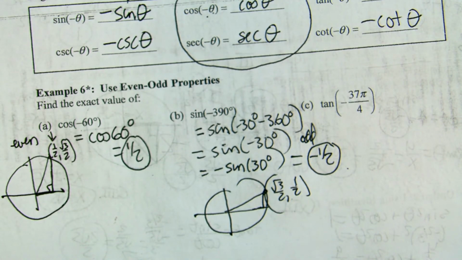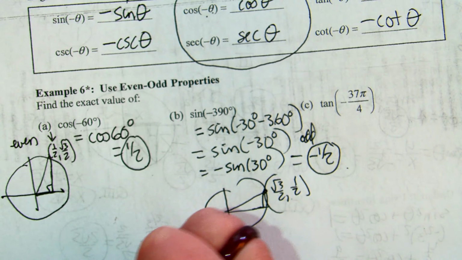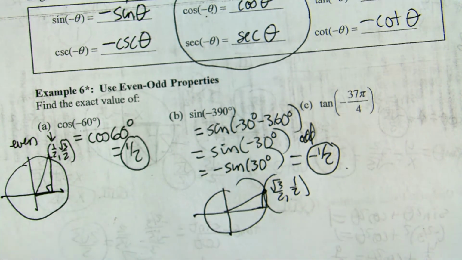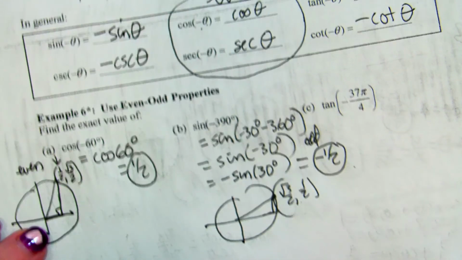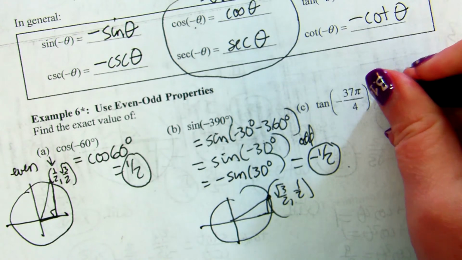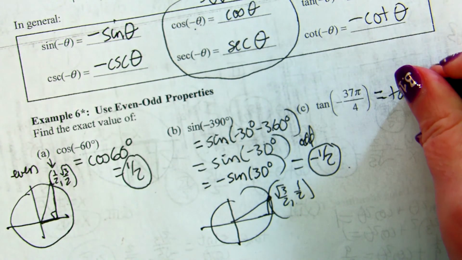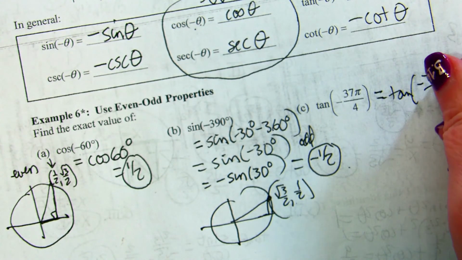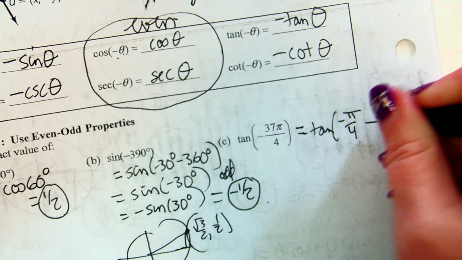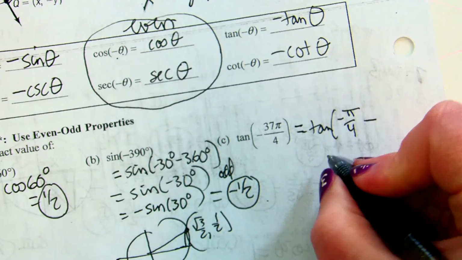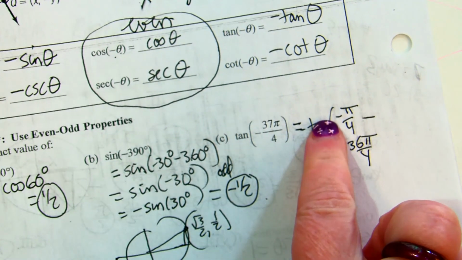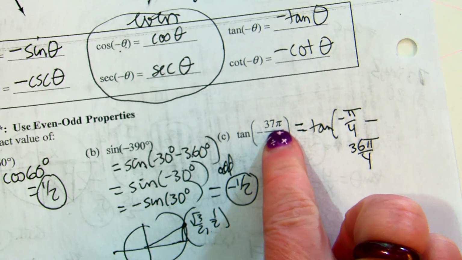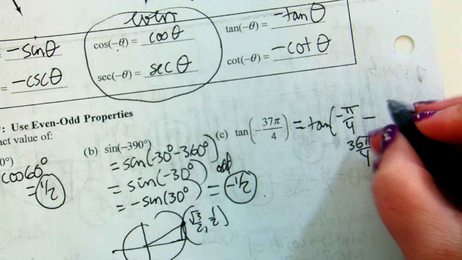And tangent, we're going to bring the negative out front, but first it's tangent of negative pi over 4 minus 36 pi over 4, because 36 plus 1 is 37, and 36 pi over 4 is minus 9 pi.